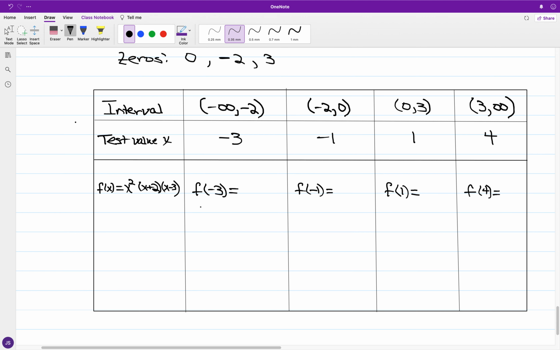So with negative 3, what's going to happen here? Negative 3 squared is 9. Negative 3 plus 2 is negative 1. Negative 3 minus 3 is negative 6. So we got 9 times negative 1, that's going to be negative 9, times negative 6. So f of negative 3 is going to be a positive 54.